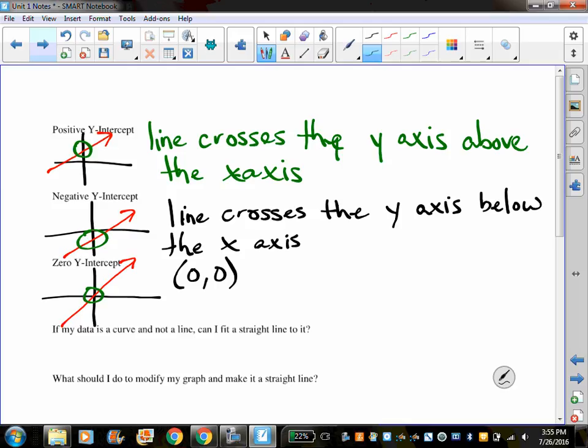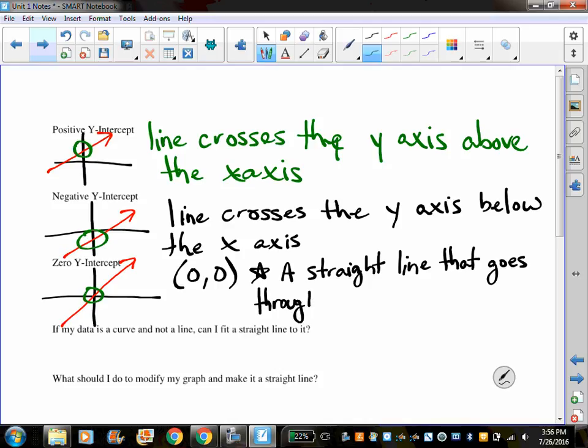But one thing that I want you guys to really key in on about a 0, 0 y-intercept is that if you have, like what we've drawn right here, where we have a straight line, and it doesn't matter whether that straight line has a positive slope or a negative slope, as long as it is a straight line, and it also goes through 0, 0, it is not just a linear relationship.